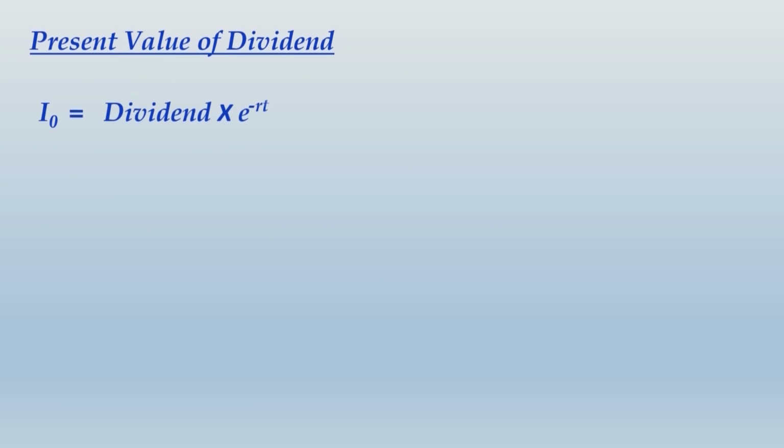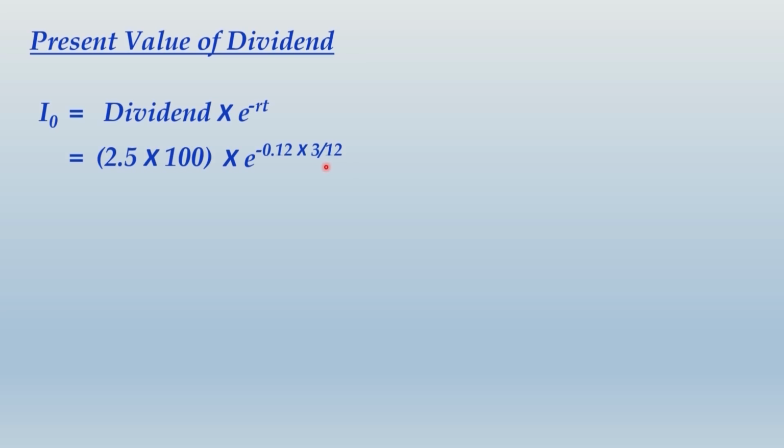So I0 will be the dividend amount multiplied by e raised to minus RT. Because we have to make calculations for 100 shares, per share dividend is 2.5, so we have taken the total dividend as 2.5 multiplied by 100. Now one very important thing: the time involved over here should not be the maturity of the futures contract. This time is the time for which the dividend income is expected to be received.